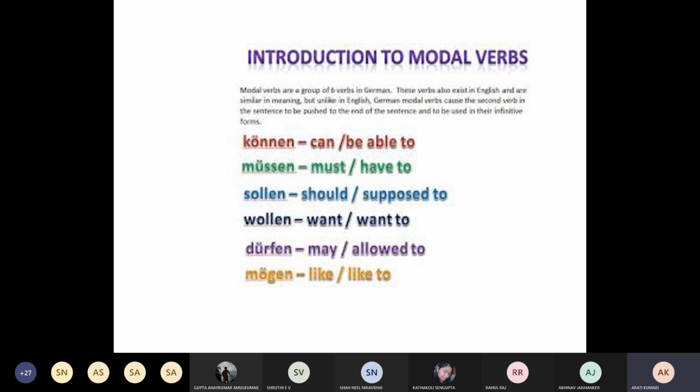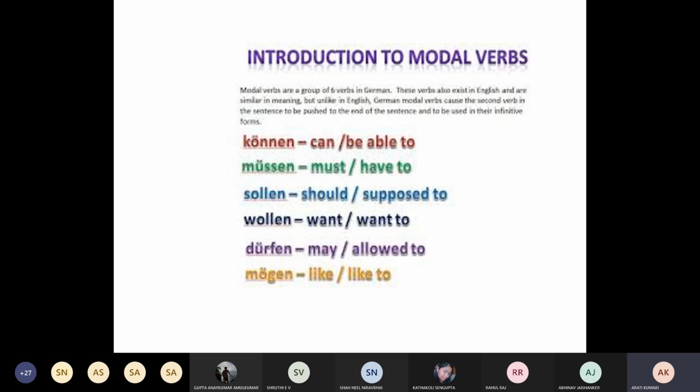So this is may. And then you have here allowed. There are many different contexts when we say something is allowed to do or not allowed to do. In that context also we use dürfen.